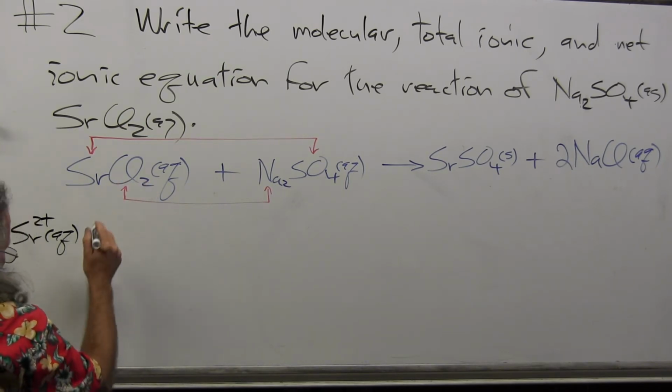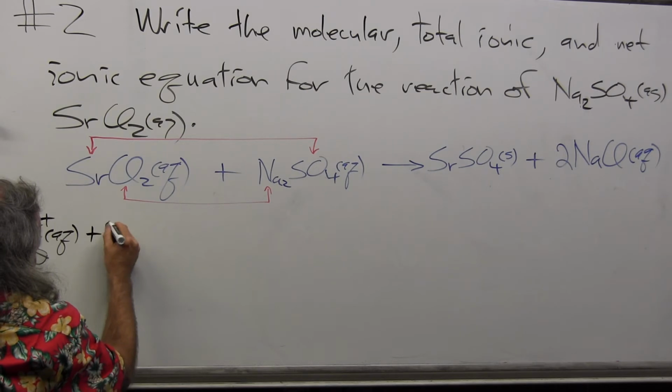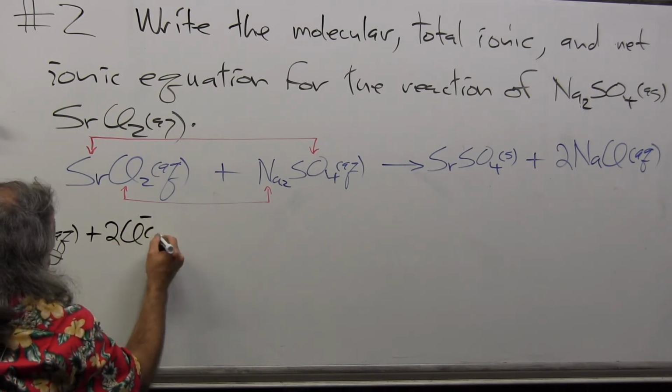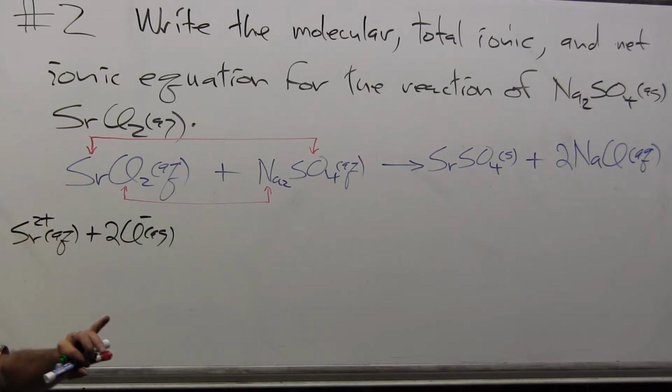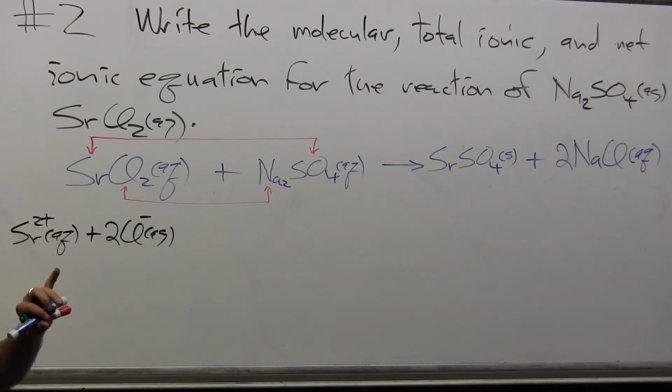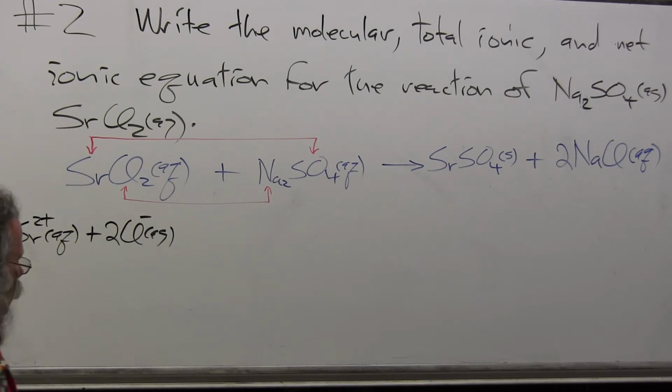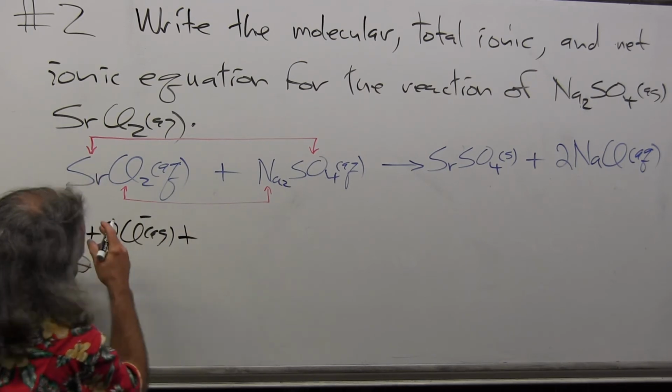And so I have 2 chlorides. Now the charge is included, with the magnitude of the charge first and the sign of the charge afterwards. This is the convention. It's the opposite when we're dealing with oxidation states. So following this convention, I have to denote it as an aquated ion. So I've got that covered, the strontium chloride.